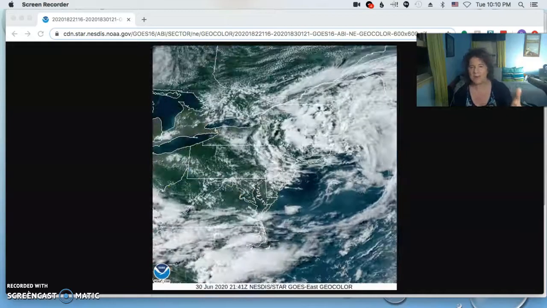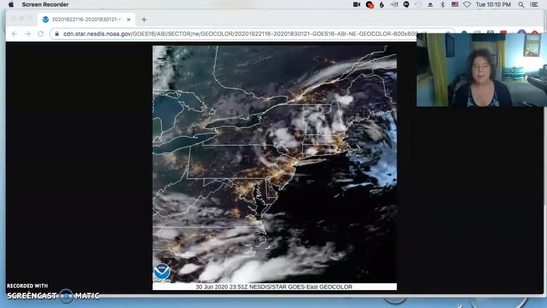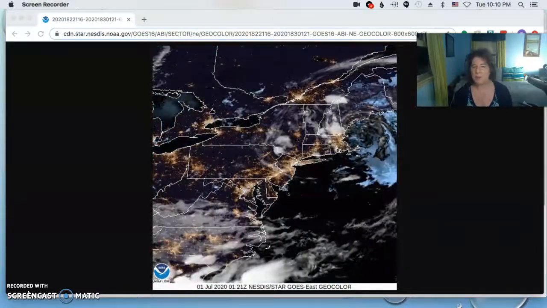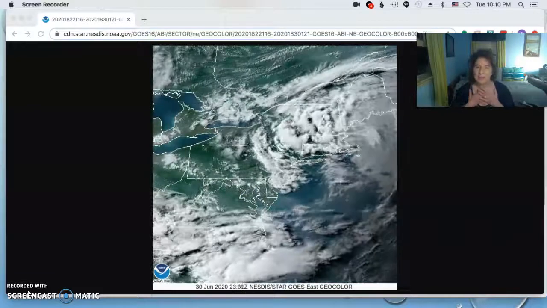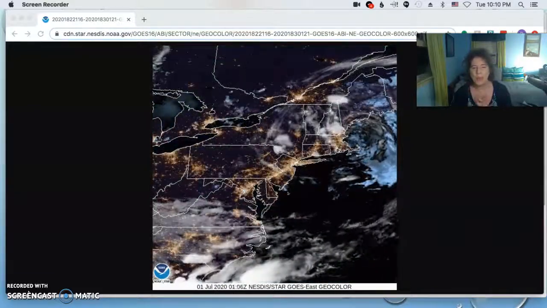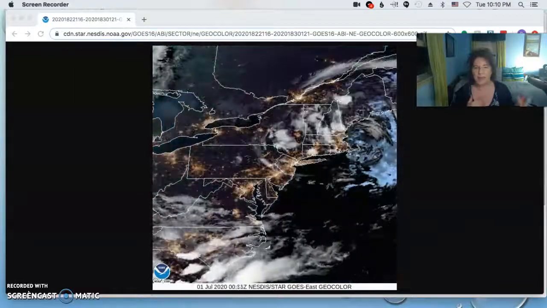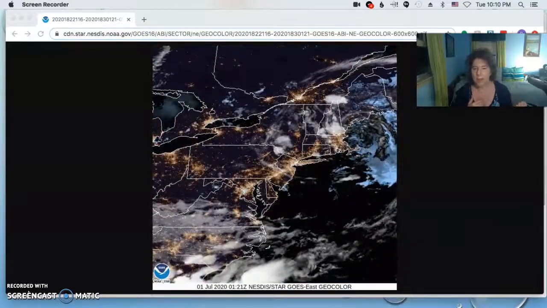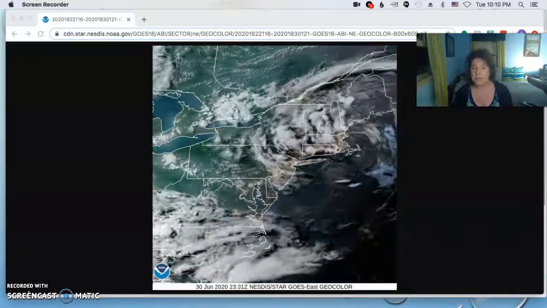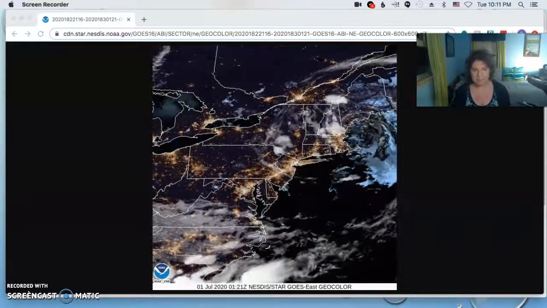And what you see in front of you here is the qualitative data that comes off the GOES-E satellite, one of my favorite satellites because it's so cool. And you are looking at a daytime to nighttime time-lapse animation out of the GOES satellite.